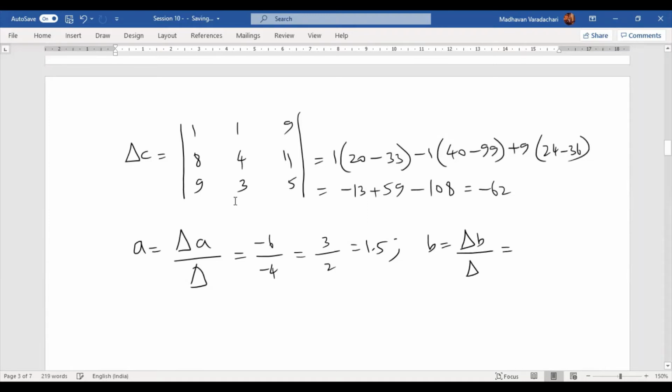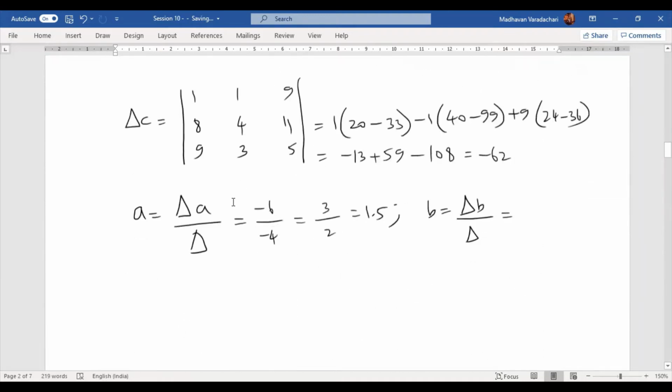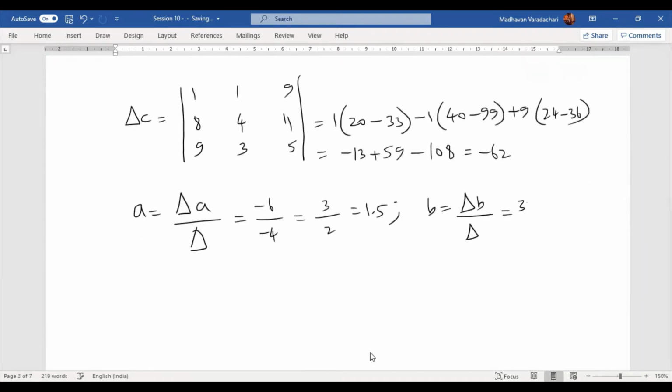Delta B we got 32. 32 by delta, which is minus 4, so this will become minus 8. Then c is delta C by delta, which is minus 62 by minus 4. So how much is it? 62 by 4, we get 15.5. 15.5 positive because both are negative.